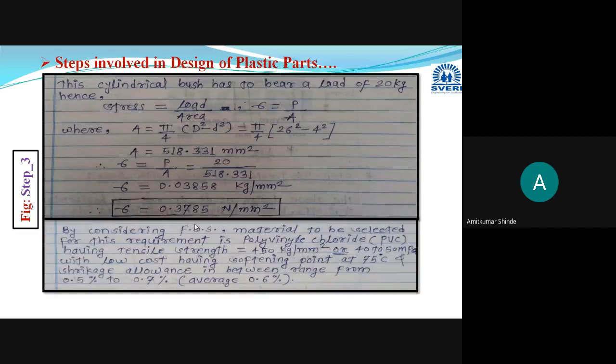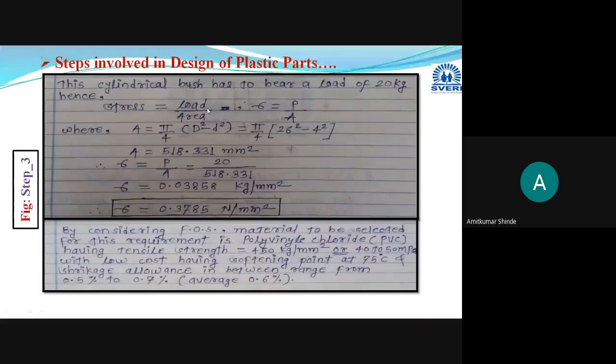But here I have already calculated this. As this is a cylindrical bush that has to bear a load of 20 kg, the stress acting on that bush is equal to load divided by area. Here the area is equal to pi by 4 times outside diameter squared minus inside diameter squared.